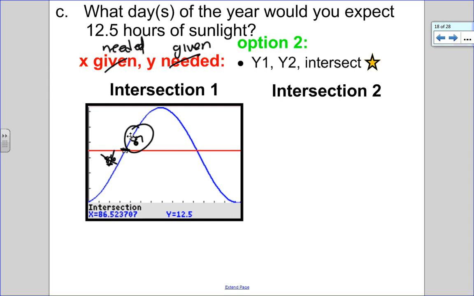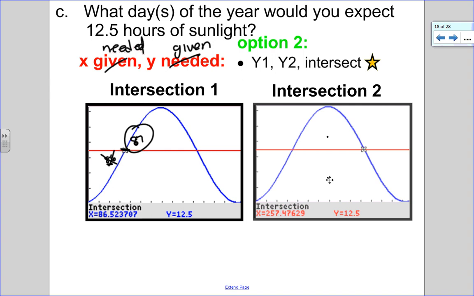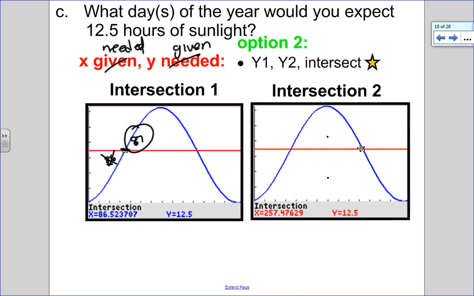Let's look at my next value. So if I look at my next intersection point here, it occurs at 257, again, 0.5. So this right here is where I have 12.5 hours. So I have 257 below, 258 above. So if this is 12.5 hours, at 257, I don't have that much.